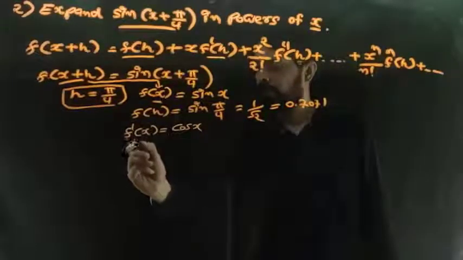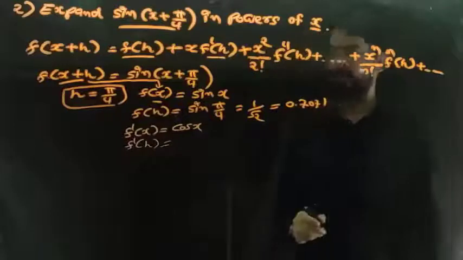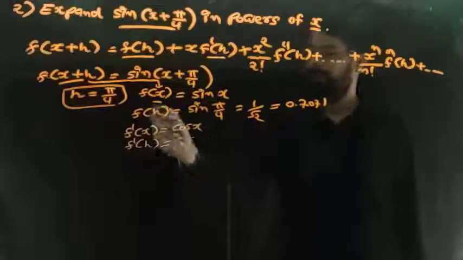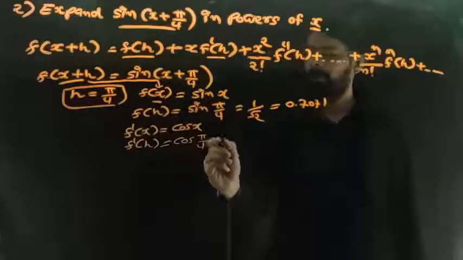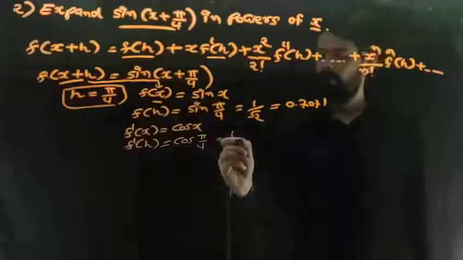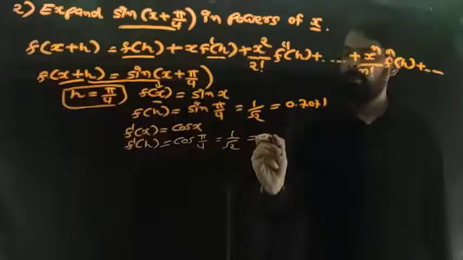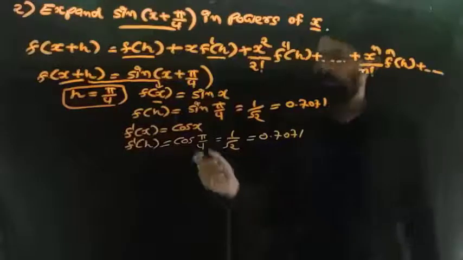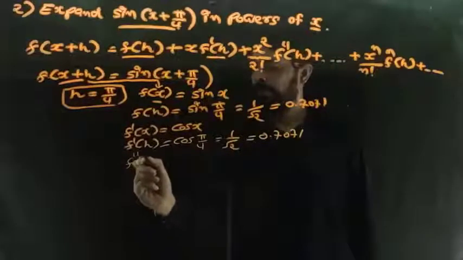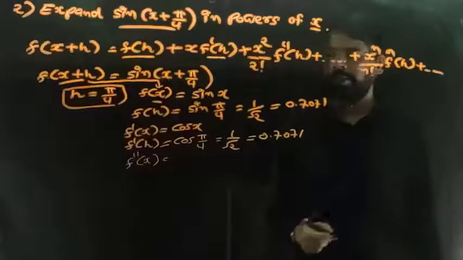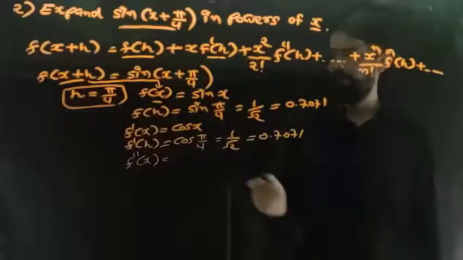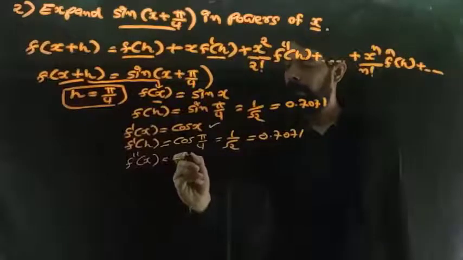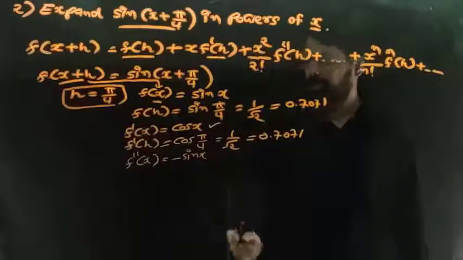Now to find the value of f dash h, replacing x by pi by 4, we get cos pi by 4, and the value of cos pi by 4 is 1 by root 2, which is 0.7071. Now again taking the derivative of f dash x with respect to x, the derivative of cos x is minus sin x.